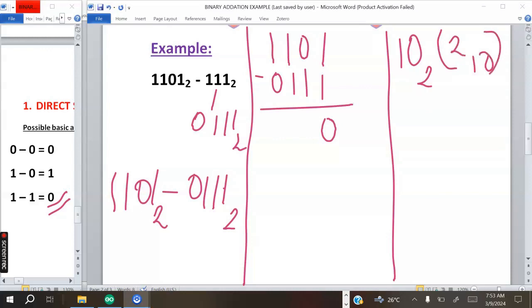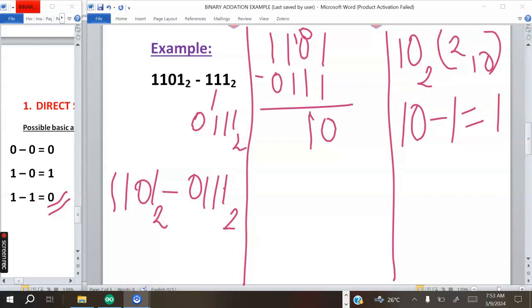Now, it means that we'll have 10 minus 1. 0 minus 1, as per the rule, is equal to 1. So whenever you subtract 0 minus 1, you will get 1. Therefore, I will write 1 here.